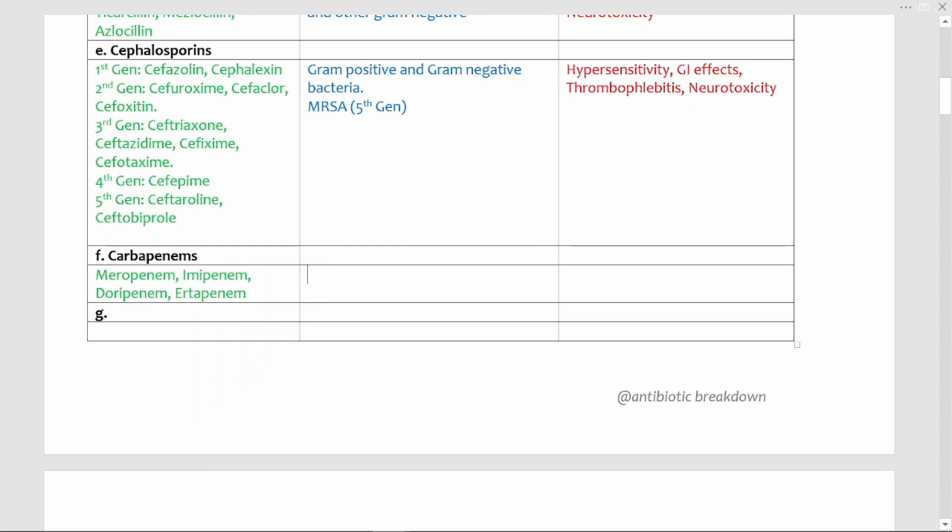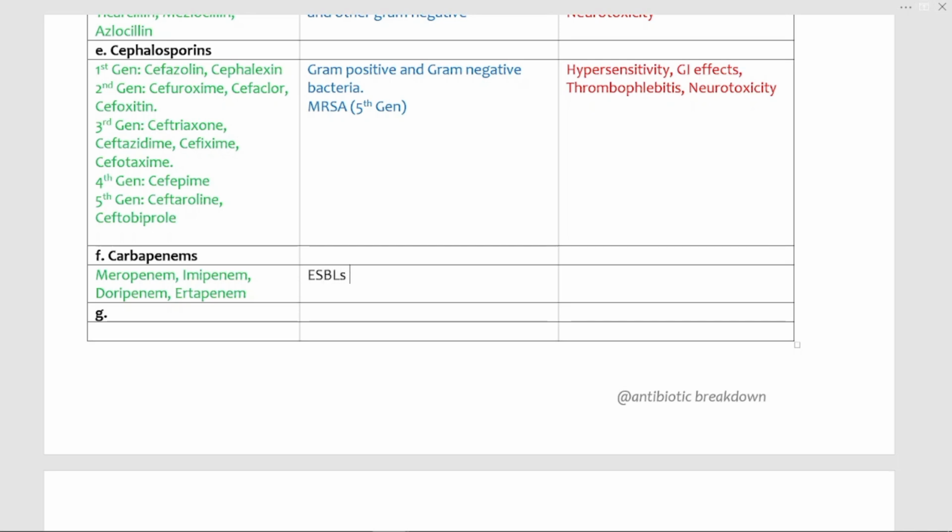So the indications. These drugs are highly resistant to most beta-lactamases. So they're very good when it comes to dealing with ESBLs. What does this stand for?